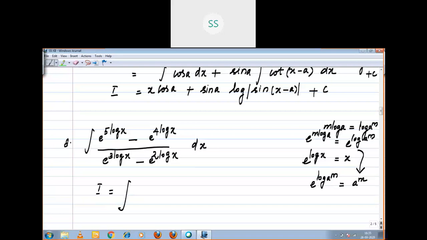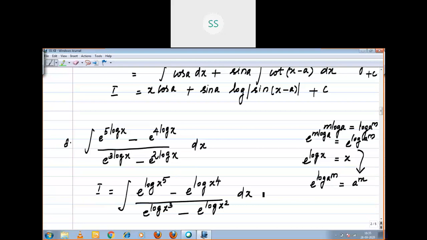I equal to e power 5 log x, e power log x power 5, minus e power log x power 4 divided by e power log x power 3 minus e power log x square.